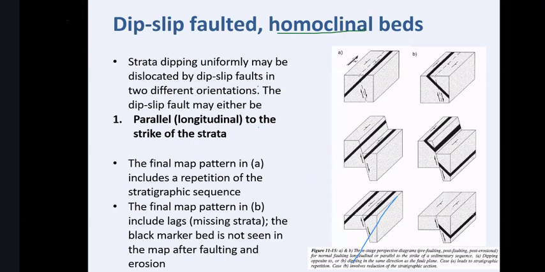Strata dipping uniformly may be dislocated by dip slip faults in two different orientations. So the dip slip fault may either be parallel to the dip direction of the strata. So you can see the dip slip fault.